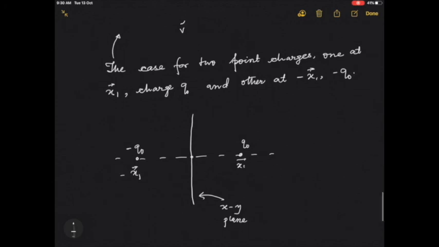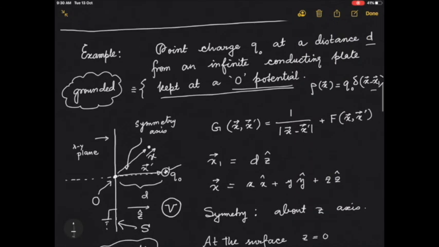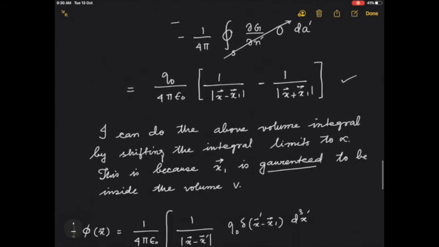Two charges. And the potential for these two charges is what you got for the case where I had this grounded infinite conducting plane and one charge here.